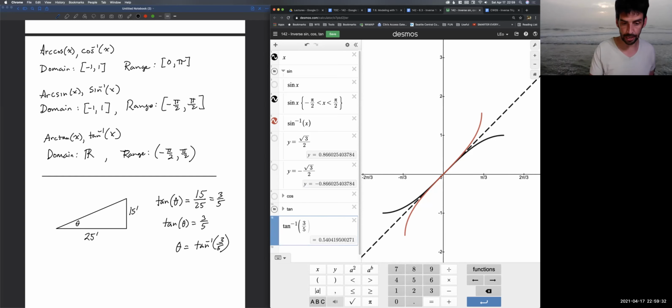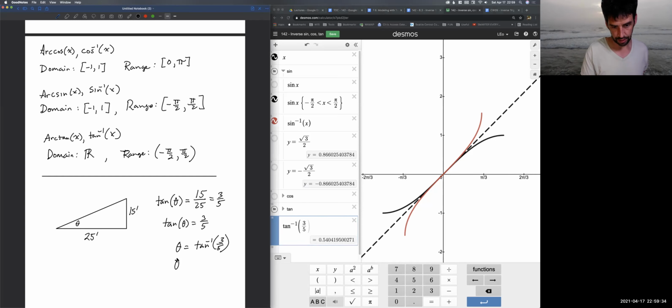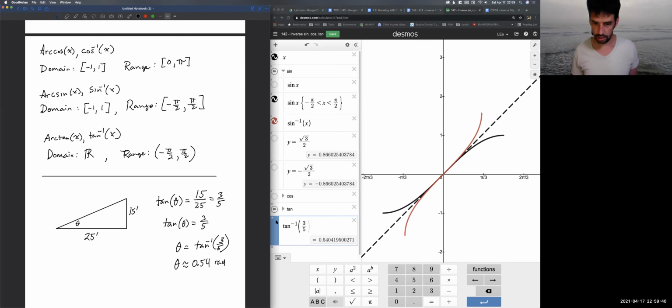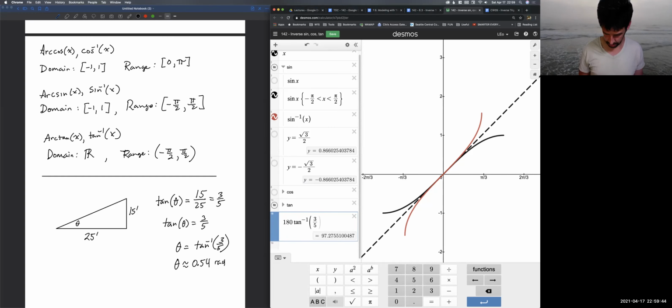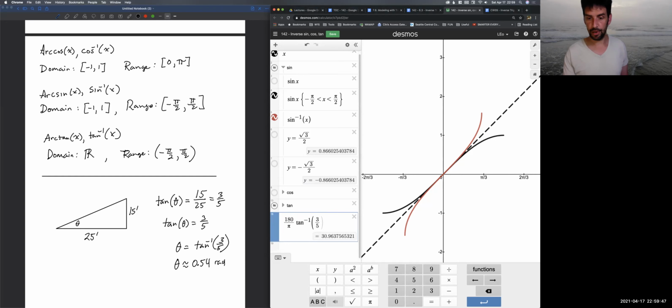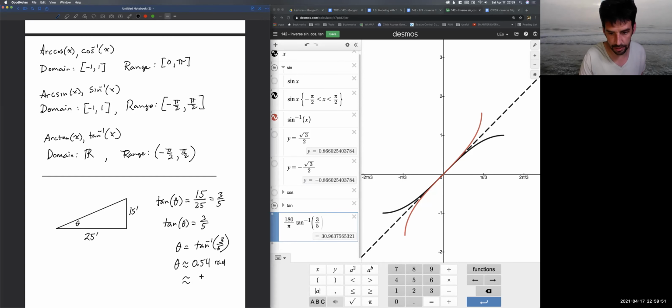We get that theta is about 0.54 radians. They might have a degree mode in here. We can convert by multiplying by 180 and dividing by pi. So this is in degrees, approximately, let's just call it 31 degrees.